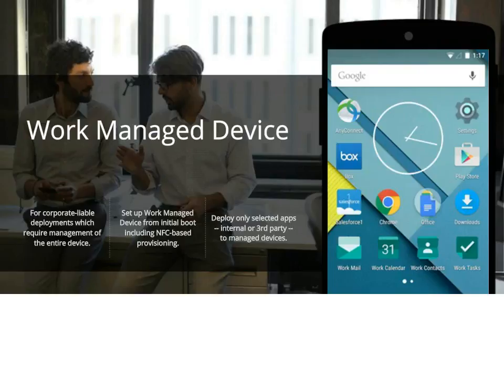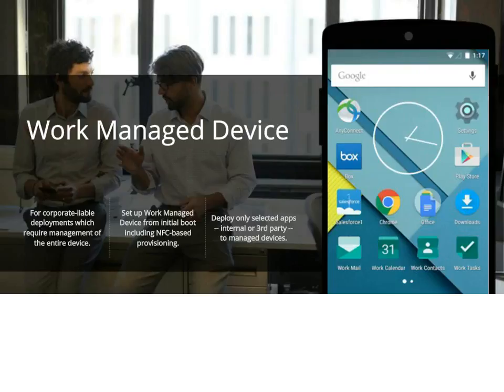So if you want to picture what the experience is like here, you boot up a brand new device, take it out of the box, turn it on, and before you have to press anything on the device or log in or do any of that, you just do an NFC bump against another device, and that's it. From there, you will watch the device set itself up, bring itself under management with the right EMM, like MaaS360, for example.